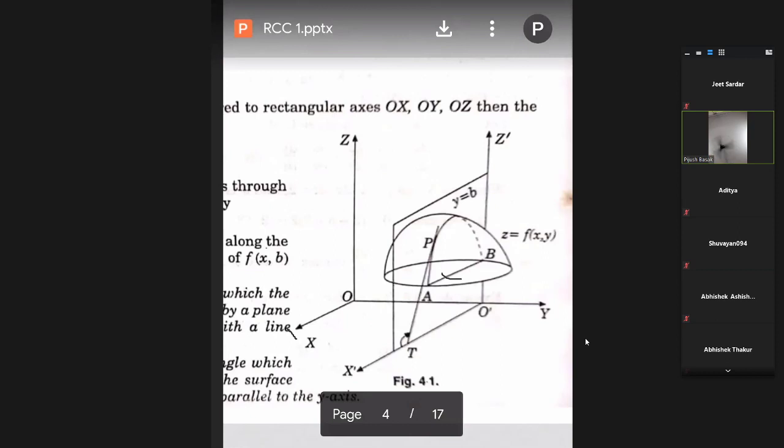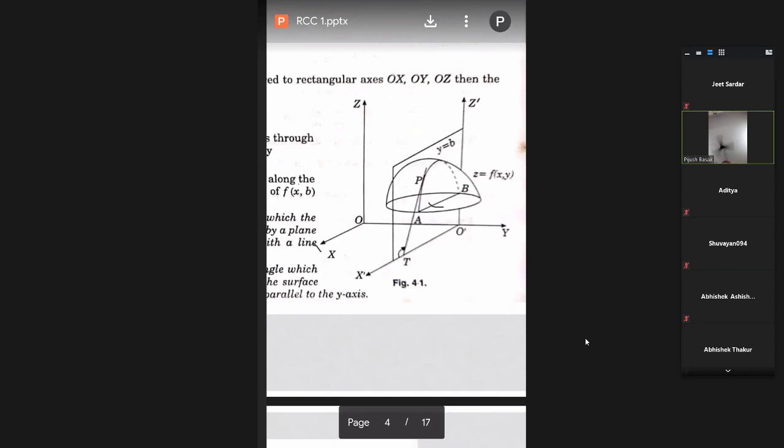Just cut the surface at y is equal to b. If you cut it through y is equal to b, you will get a semicircular curve. Then what is del z del x?